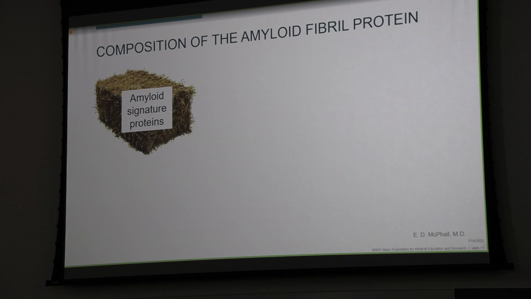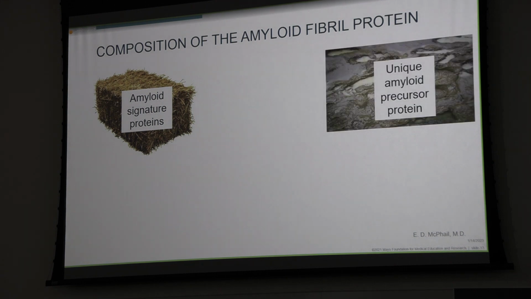Just to give you a little background, or maybe my simplistic way of thinking about amyloid: there are components of amyloid. There are the amyloid signature proteins, which I think of as the straw. They're ubiquitous proteins in the serum that are soluble, and they're just there. And like straw, they can move freely.